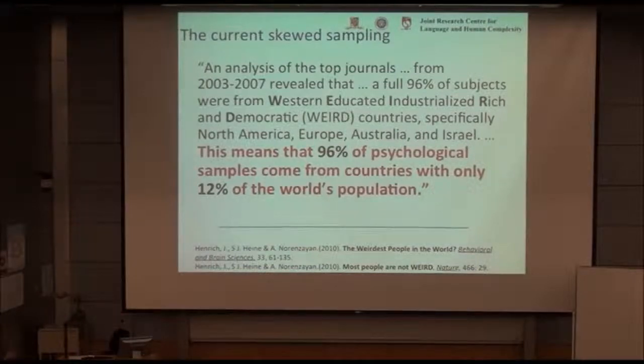And what's more, so far from this study, we know most of the psychological models, including brain models, are actually based on WEIRD people. What are WEIRD people? It's the Western, educated, industrialized, rich, and democratic countries.